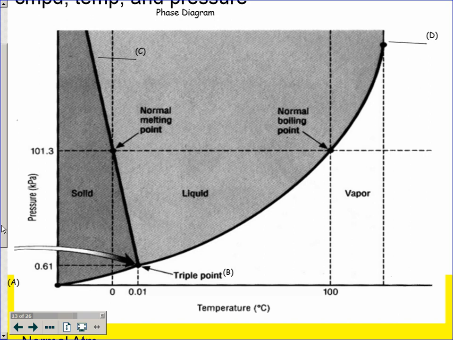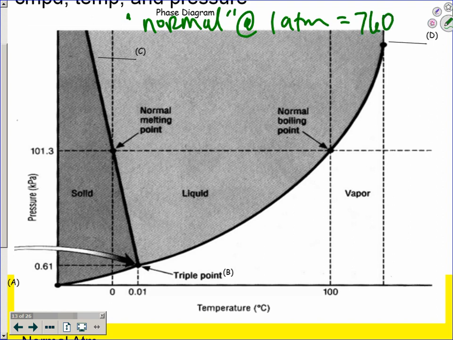So the definition of normal, it does have a definition now. Normal means at 1 atmosphere. And we had some equivalencies that were provided to us on our reading guide. Do you guys remember all the things that were equivalent pressure-wise to 1 atmosphere? 760 millimeters of mercury, Hg.